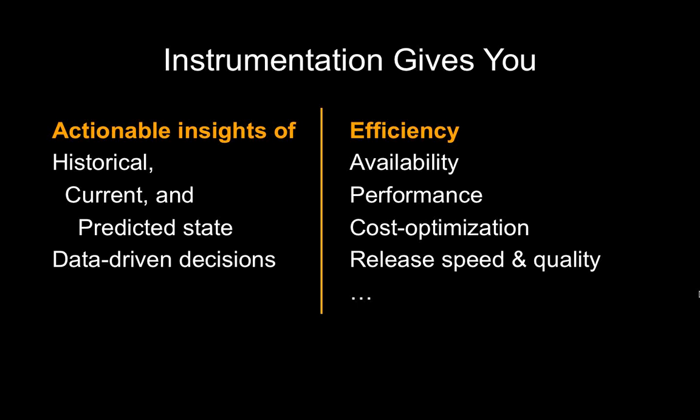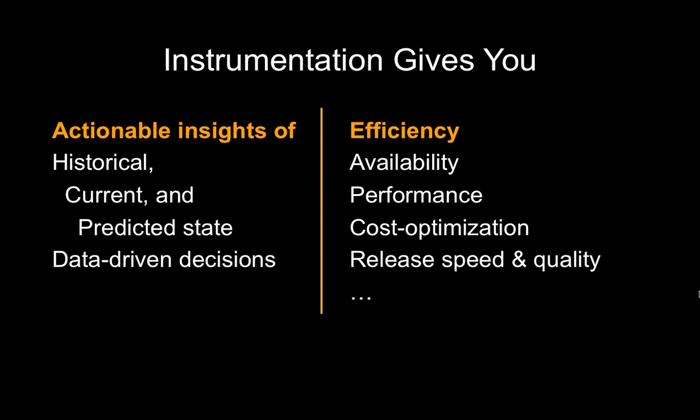When you change something in a feedback loop, you can actually monitor and measure what is the expected output. So if you do a change, does it change your system for better or for worse? And instrumentation also gives you operational efficiency.